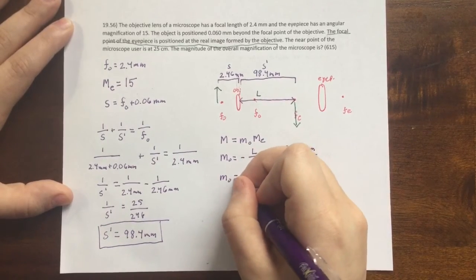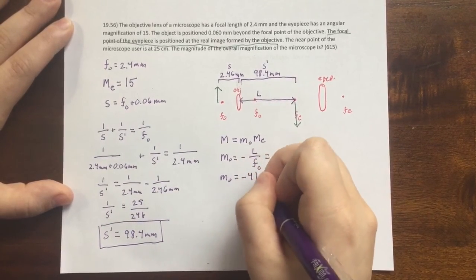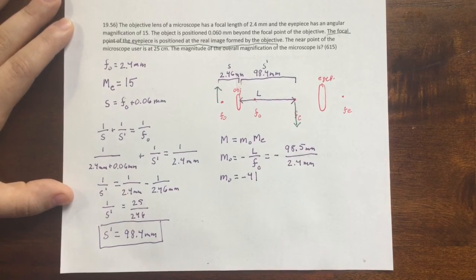We get MO to be minus 41. Our magnification of the objective is minus 41. It's 41 times larger and it's inverted.